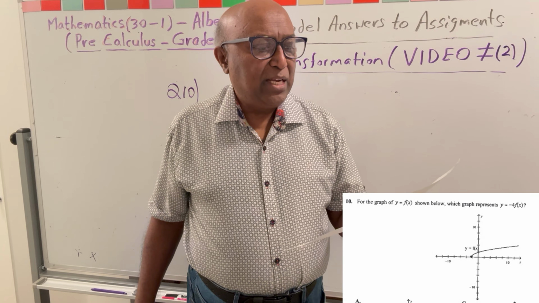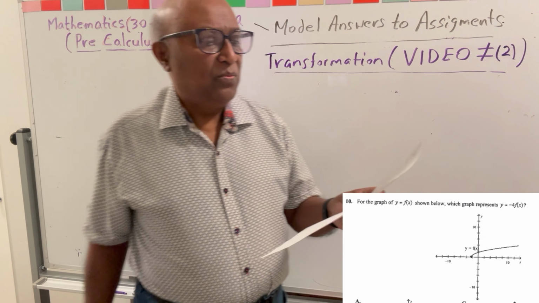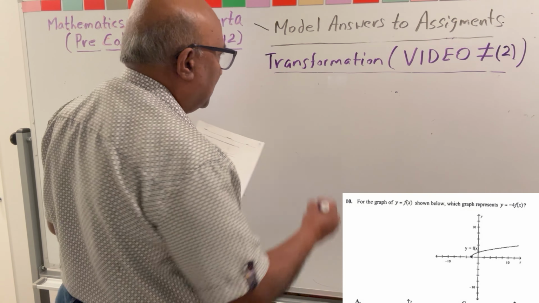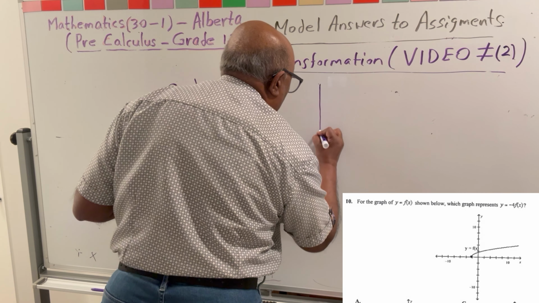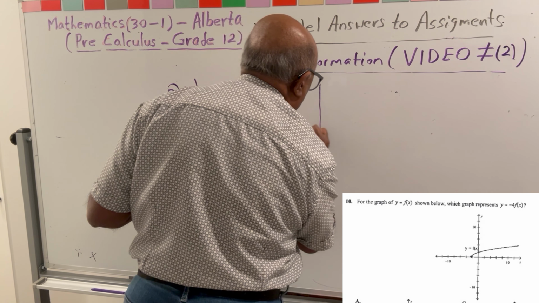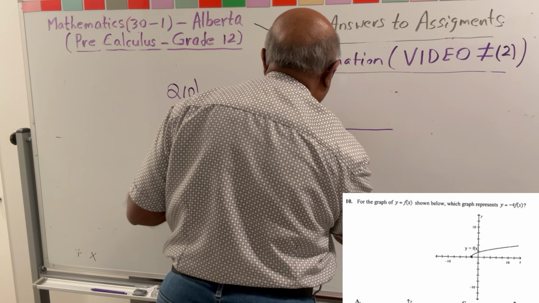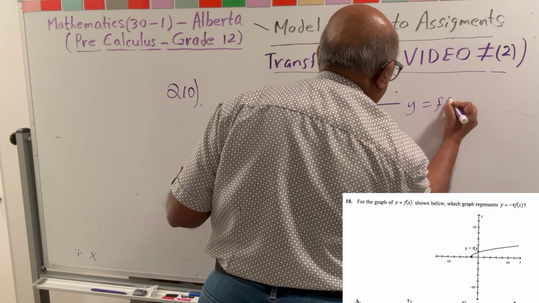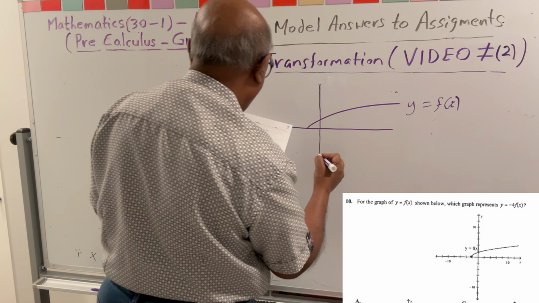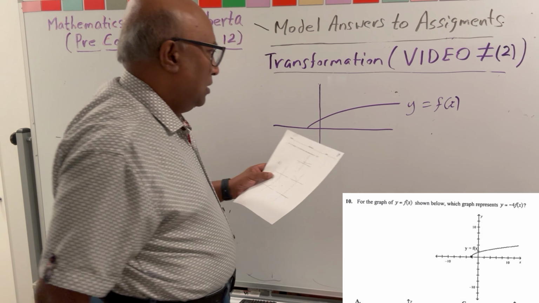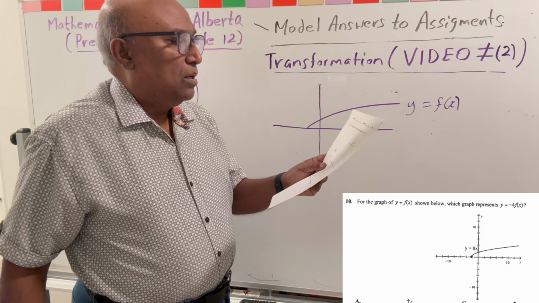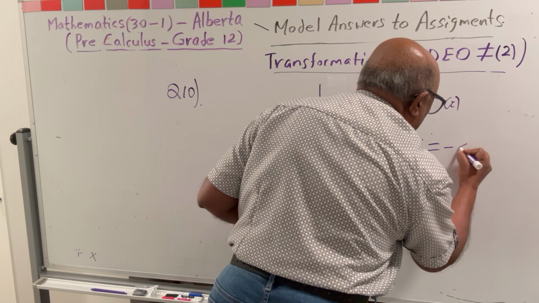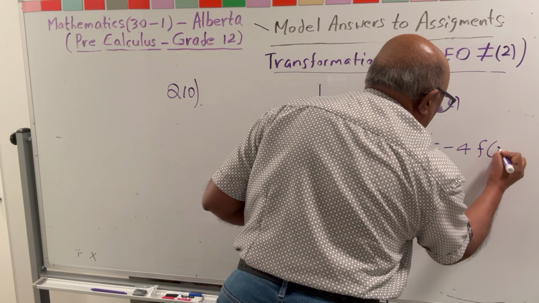For the graph of y equal f of x shown below, which graph represents y equal negative 4 f of x? I am drawing y equal f of x roughly. Then they are asking for the graph of y equal negative 4 f of x.